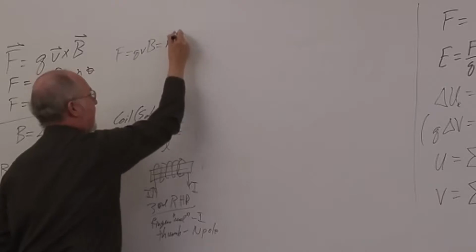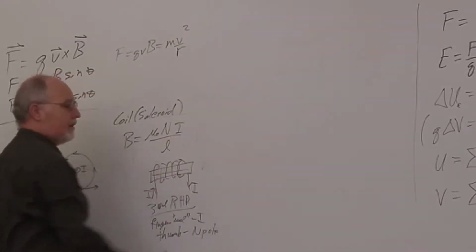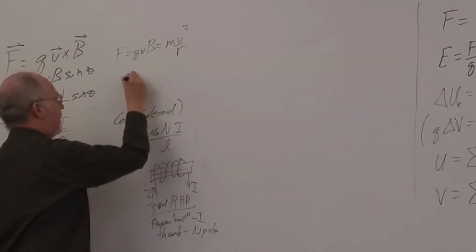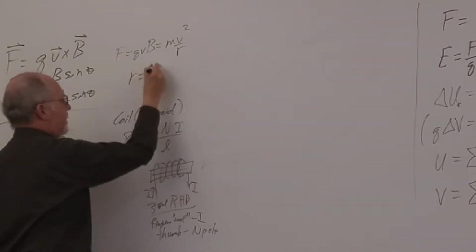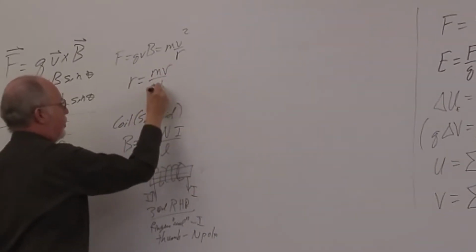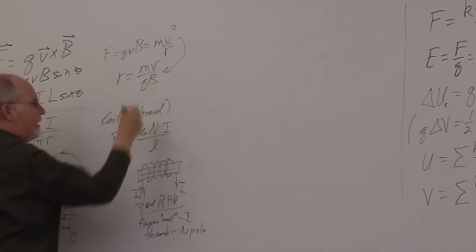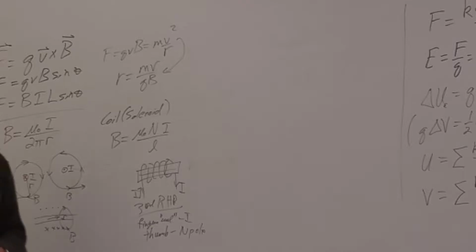So that's equal to the mass times that centripetal acceleration, v squared over r. Solve that for r, and you get r is equal to mv over qB. So all of this gives us that equation. Used it back then, again with relativity. Should be in the next to last problem set.